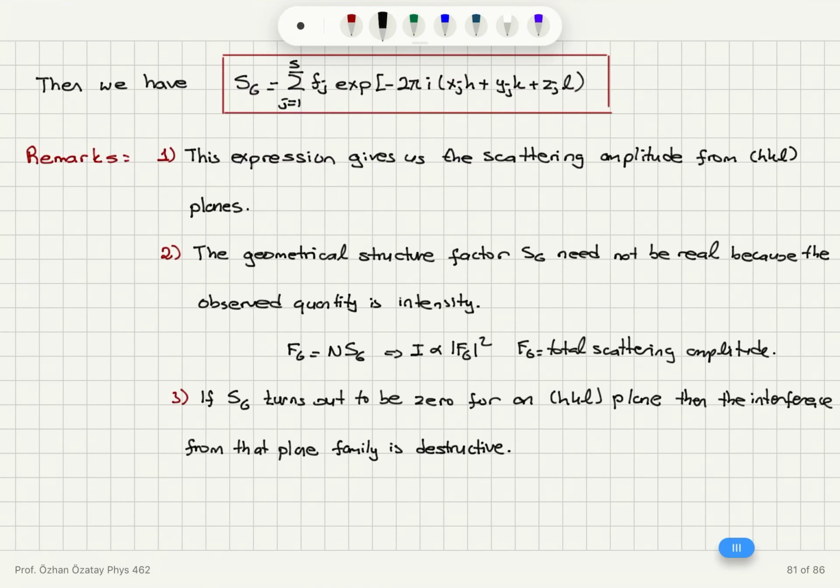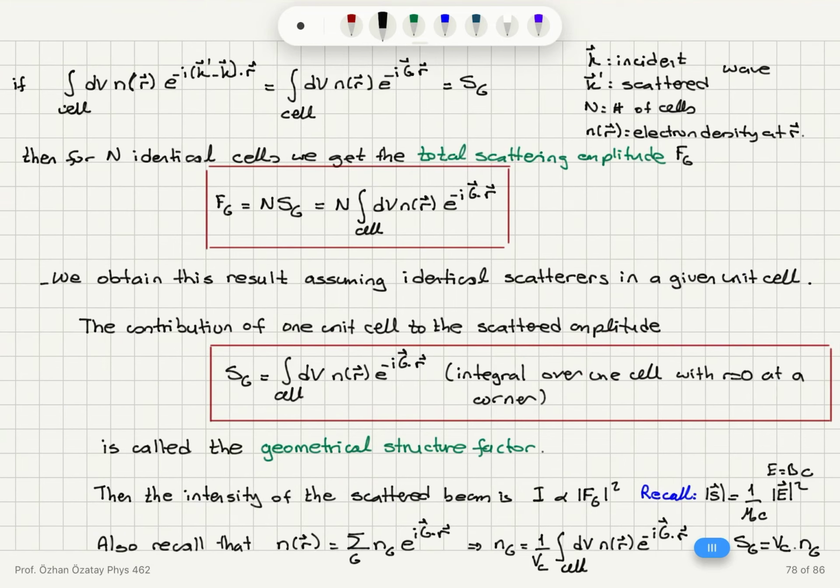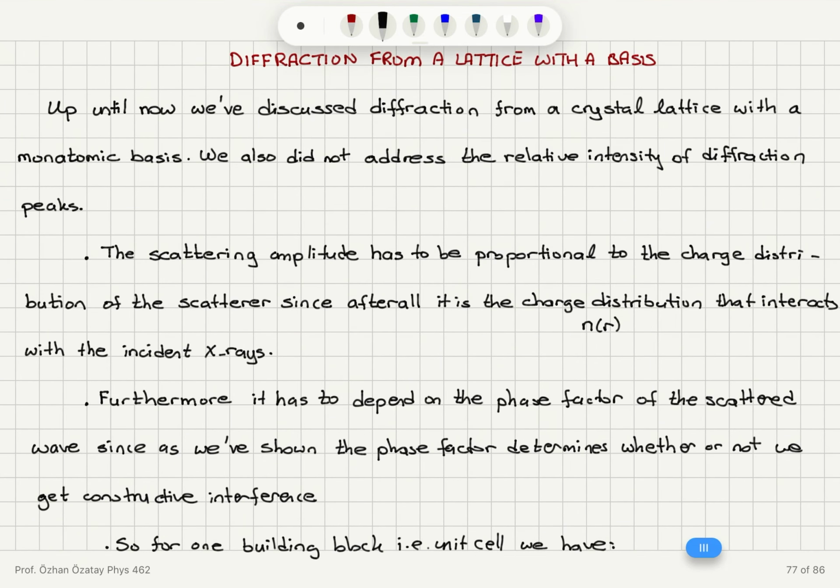Okay, so to summarize, we talked about the geometrical structure factor. Basically, the extra information we obtain from this is the relative intensity of diffraction peaks. So far we have only talked about under what conditions we will see a diffraction, but if we look at the periodic behavior of the charge distribution, we can obtain information about the relative intensity of diffraction peaks.